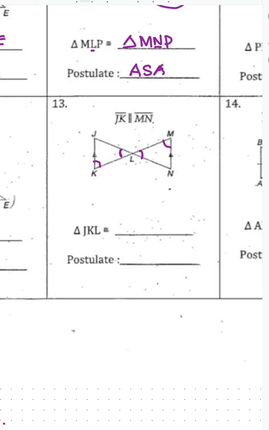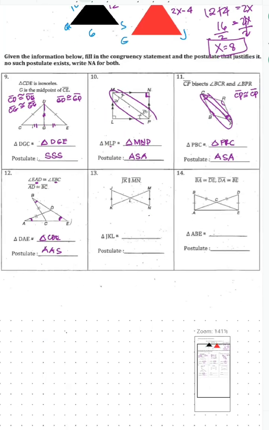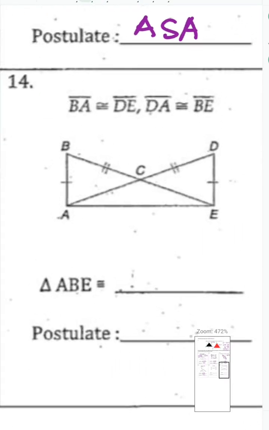And this one, they are congruent, alternate interior angles if we extend this one transversal. And this one too, AA. But we're not given the sides are congruent. So we cannot prove this. Okay, number 14.